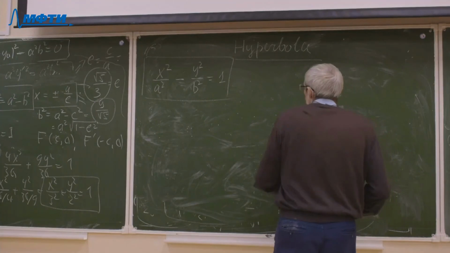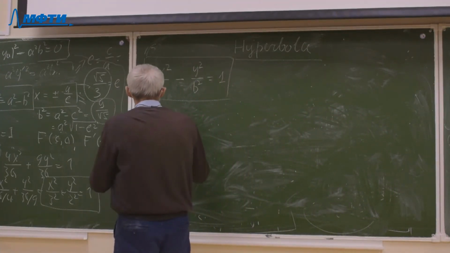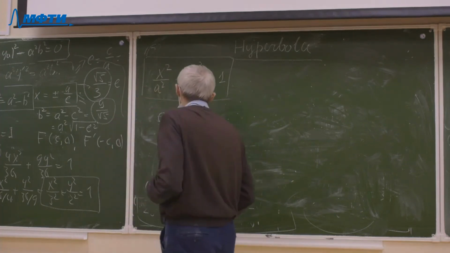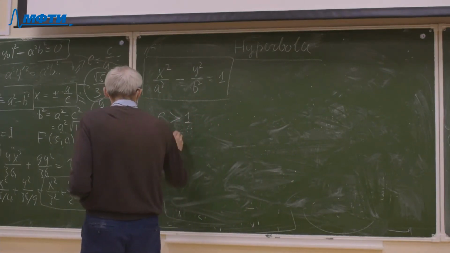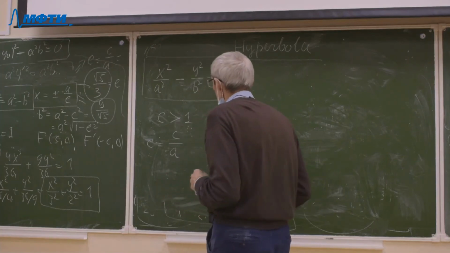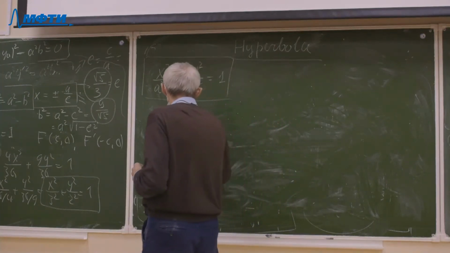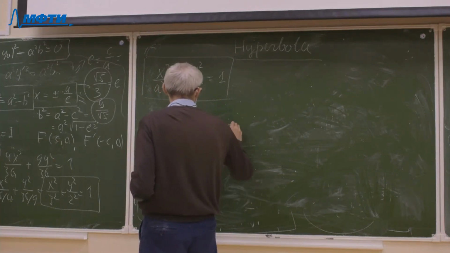And in this case, eccentricity is greater than 1. Eccentricity is the ratio c to a, and c is equal to the square root of the sum of a squared and b squared.